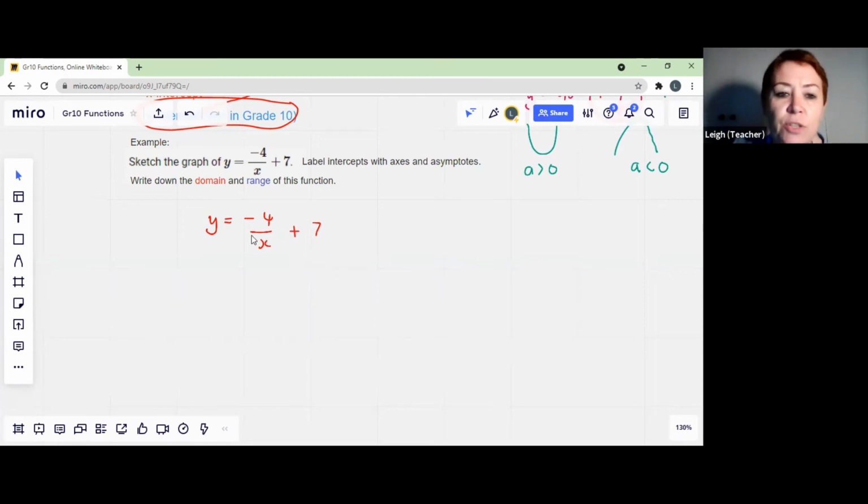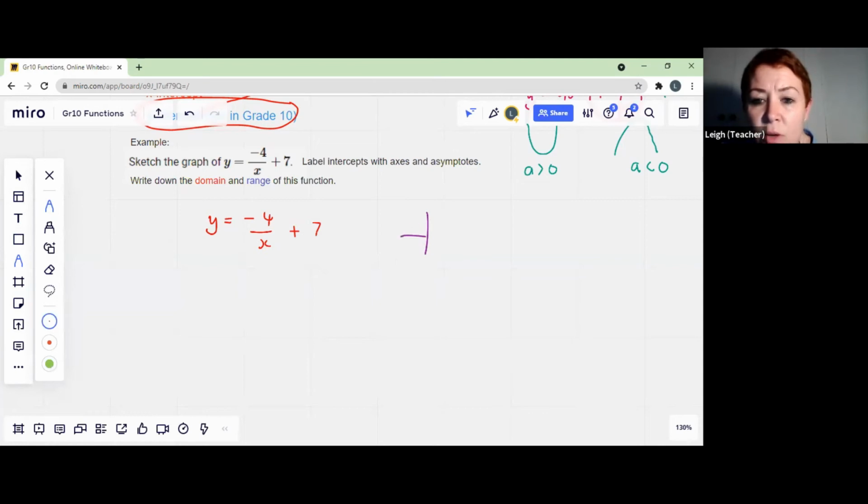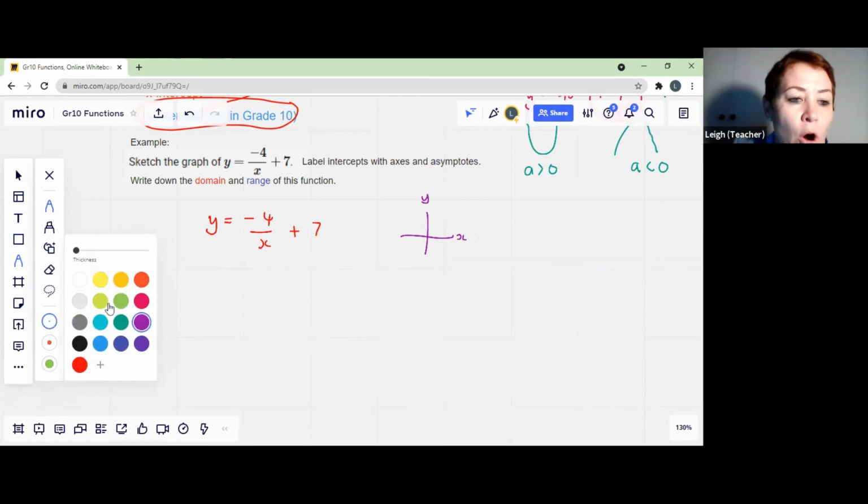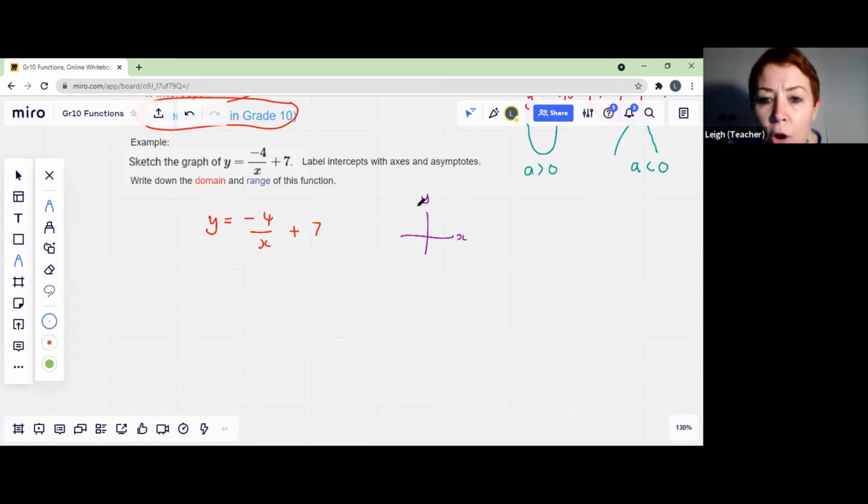If it was just the graph of y equals -4 over x, then we would have an x-axis and a y-axis, and we would have one arm of the hyperbola over here and the other arm over there. But now we've taken what we've drawn and we've moved it up 7 places.